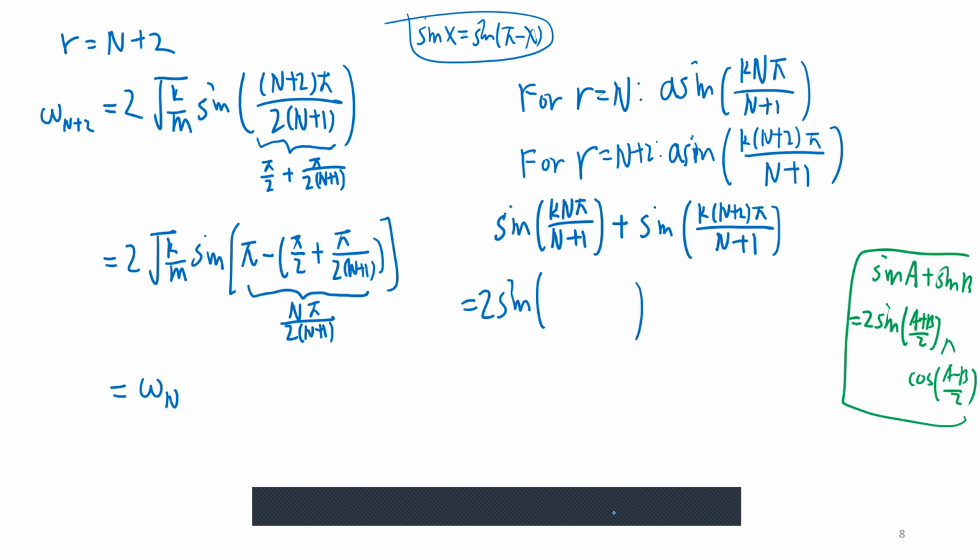And you can show that it is just equal to k times 2 times (n plus 1) pi divided by (n plus 1), and cosine something, right? But that's not important anymore because this term is actually 2k pi, and therefore the sine of this is 0. So this is 0.